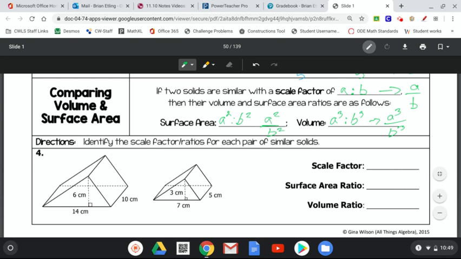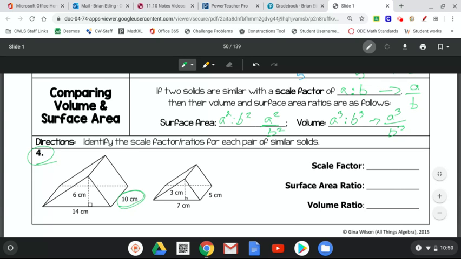That's it. So for this first one, number 4 here, we're identifying the scale factor and finding each ratio for each pair of similar solids. So the scale factor for this one: we know they're similar, so we just have to pick two corresponding sides. It doesn't matter, we can pick any of them.